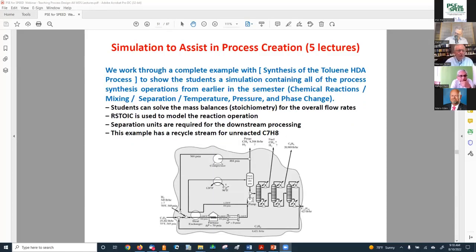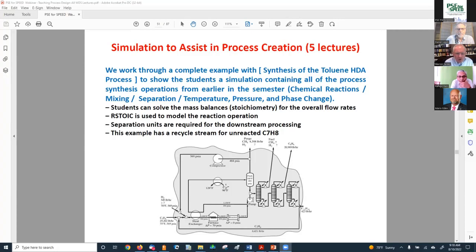Okay, now what next? We work through a complete example, okay? And our example involves the synthesis of a very well-known process started by Jim Douglas in his book in 1988, the toluene hydrodealkylation process, okay?